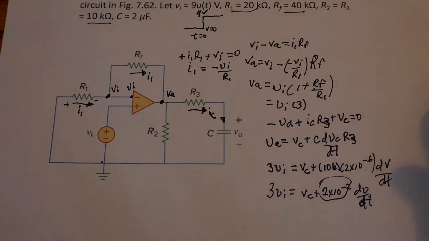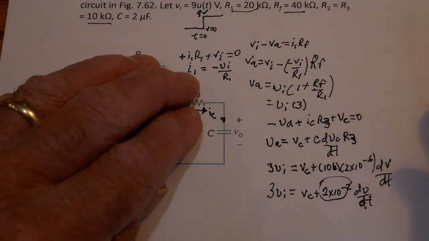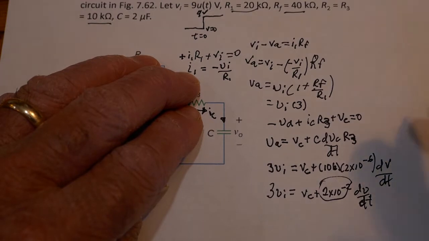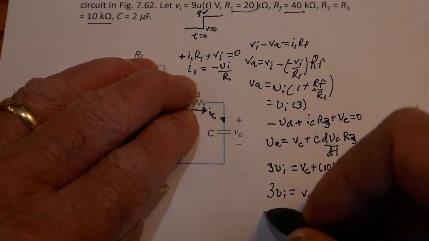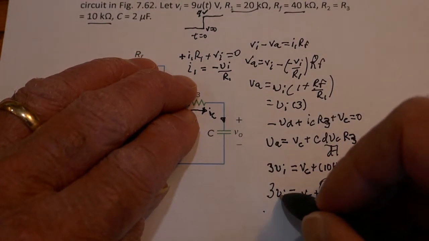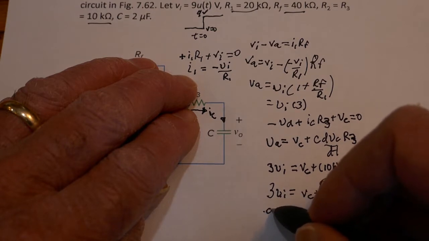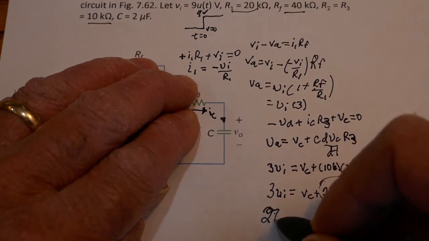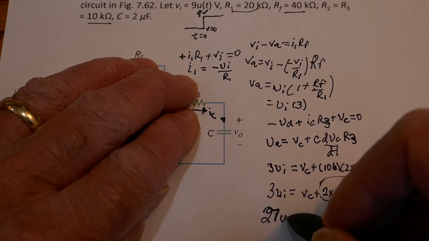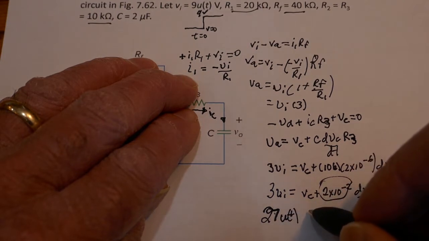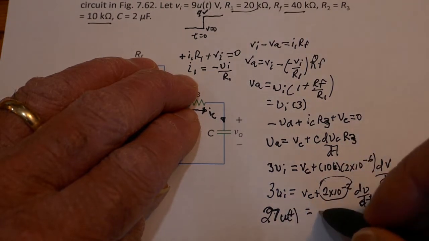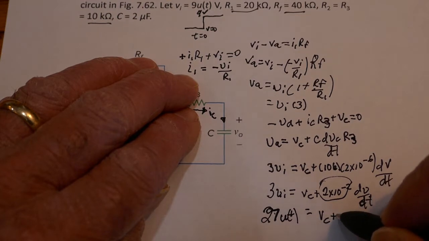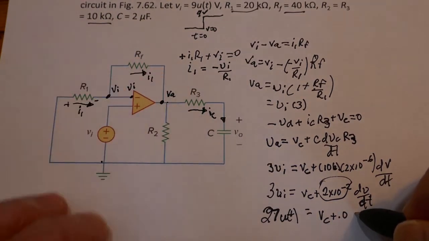Well, we know the solution then is, on this side, this is 3 times 9, or 27 times u(t). Okay, that's equal to VC plus 0.02 dV/dt.